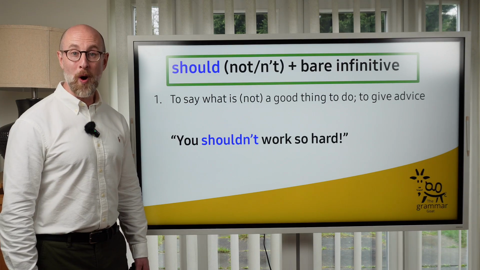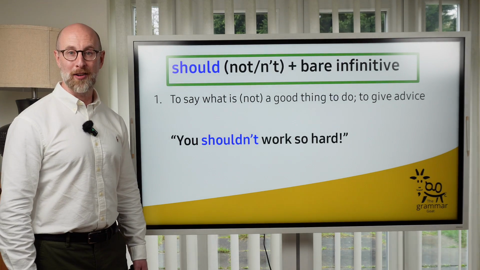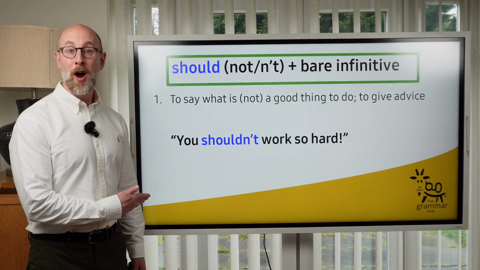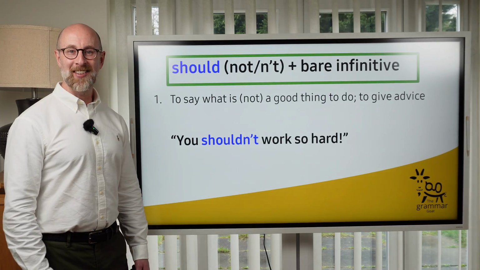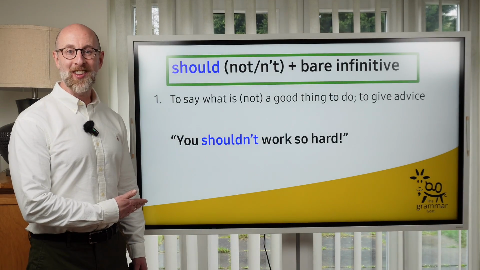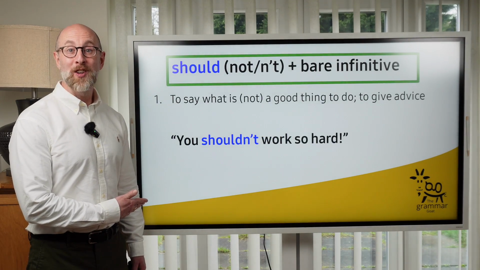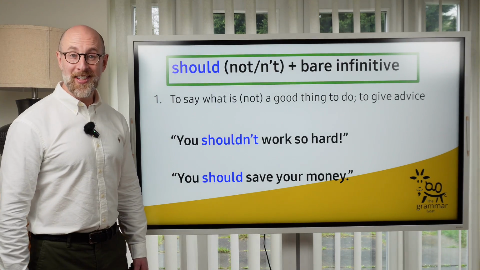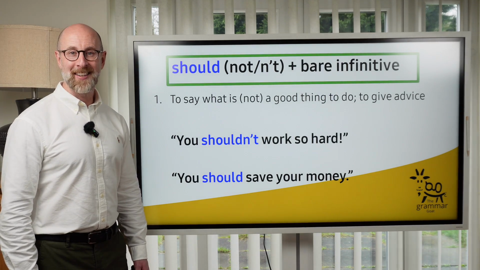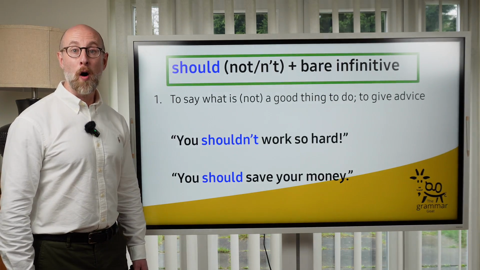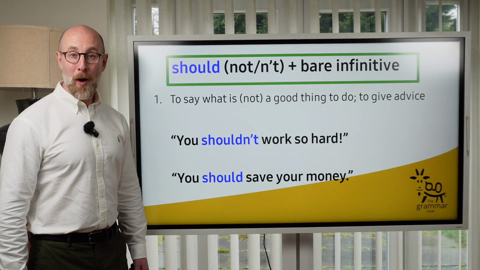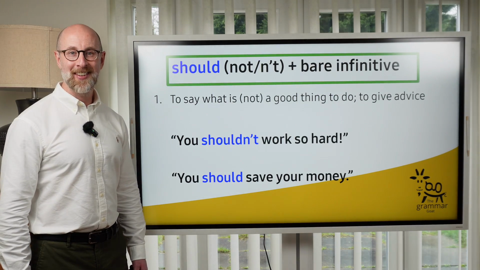You shouldn't work so hard. This is an example of a negative sentence. The second example, I always say to my son, you should save your money. This is an example of an affirmative, a positive sentence.